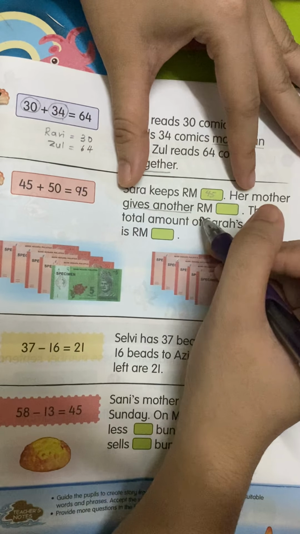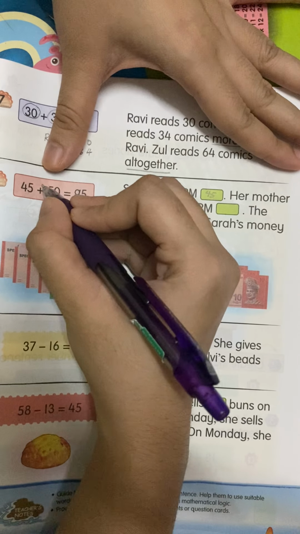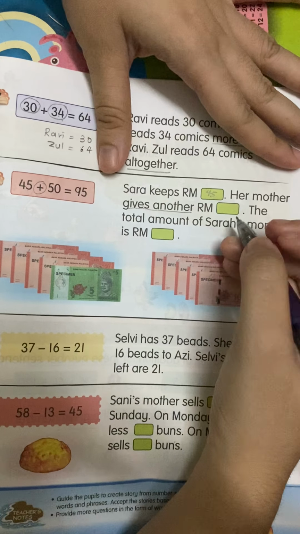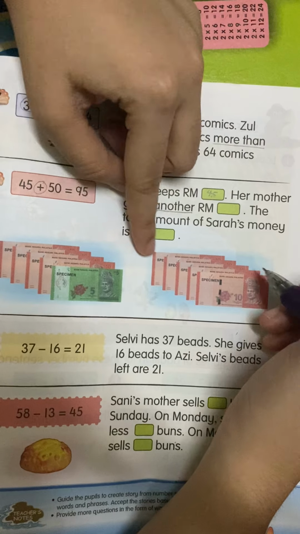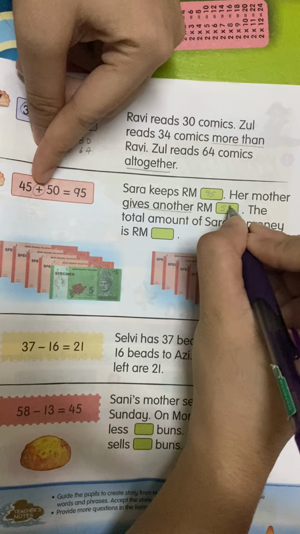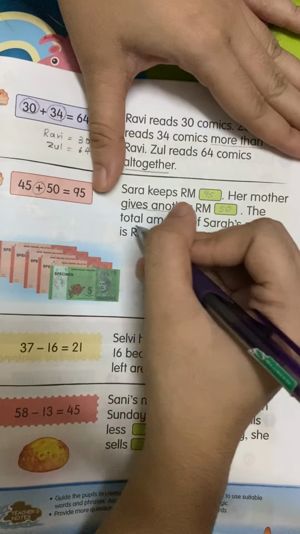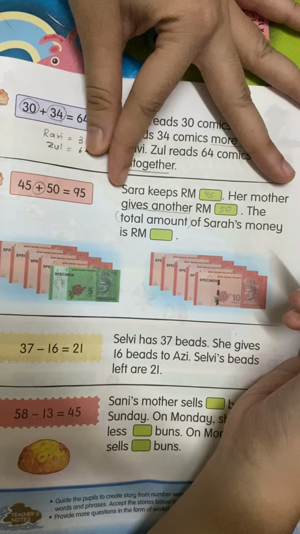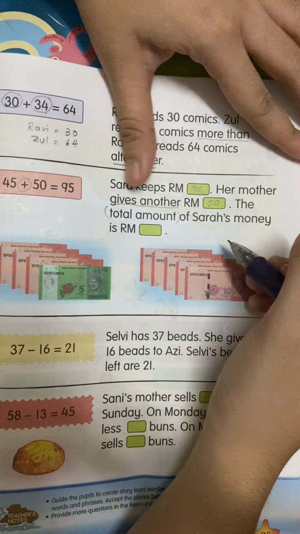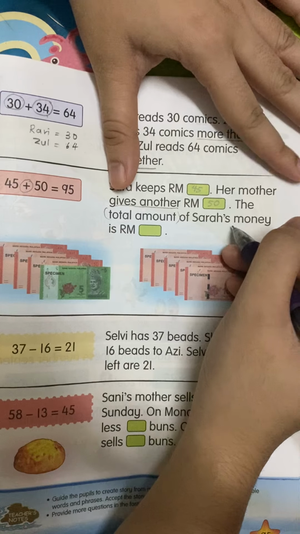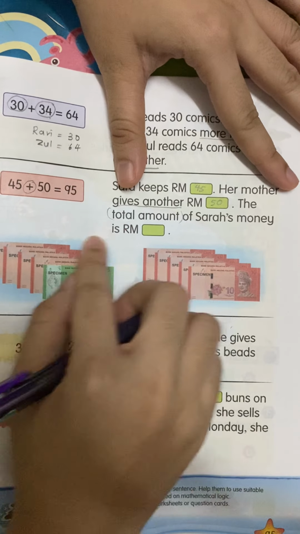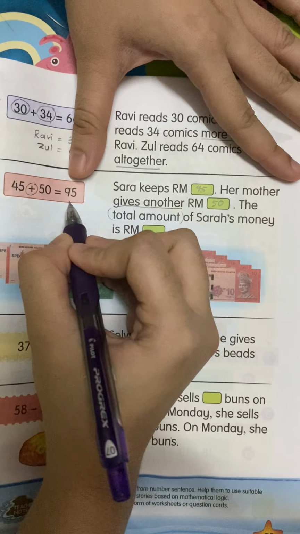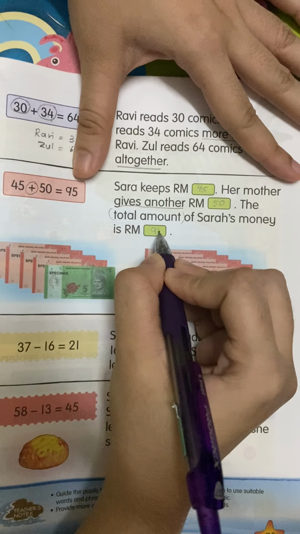Okay, her mother gives another, which means you need to add. Add another, how much? 50 ringgit. So the total amount of Sarah's money, all of this, how many ringgit? 95.